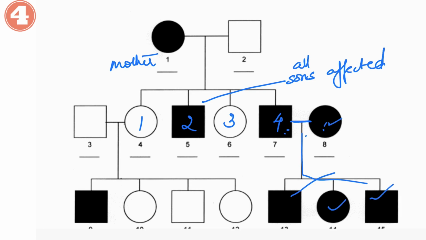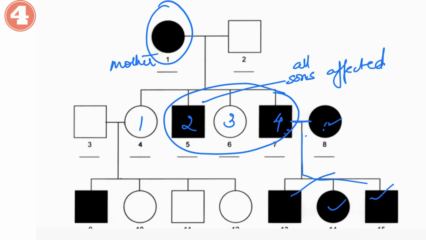So do you see any clues here? Yes, mother to sons. You can see that the daughters are not affected. Mother to sons. Yes, it is X-linked recessive. Mother is passing on the trait to her son.